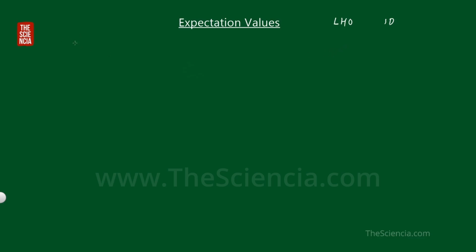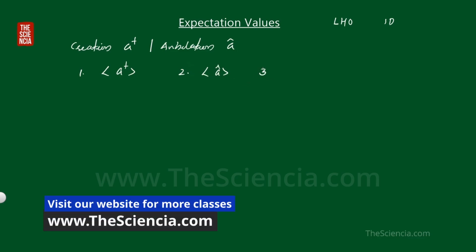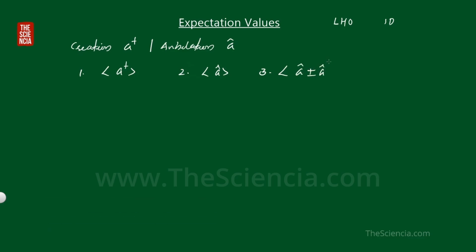We know the creation operator, that is A dagger, and we know the annihilation operator, that is A. Now I want to find the expectation value of A dagger, the expectation value of A, and the expectation value of a combination of these two, that is A plus or minus A dagger. That is what we are going to discuss in this session.